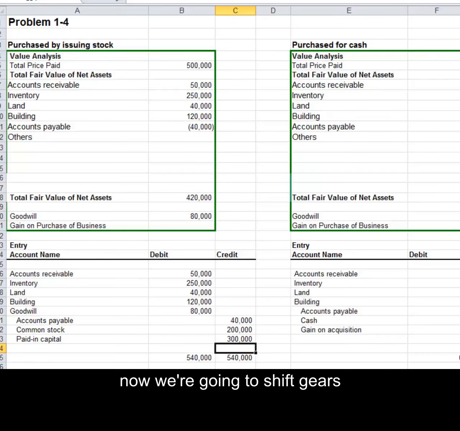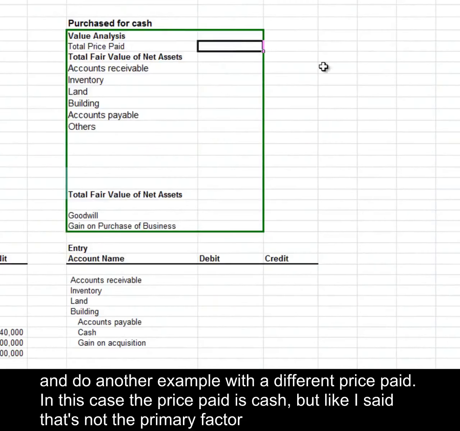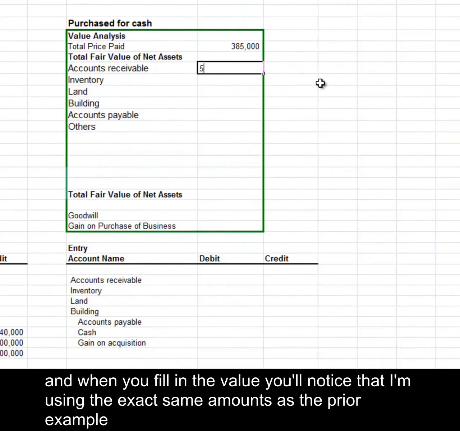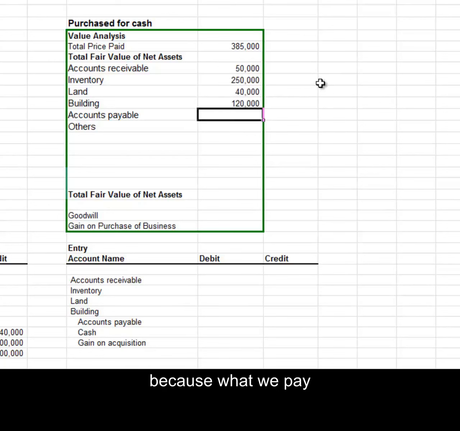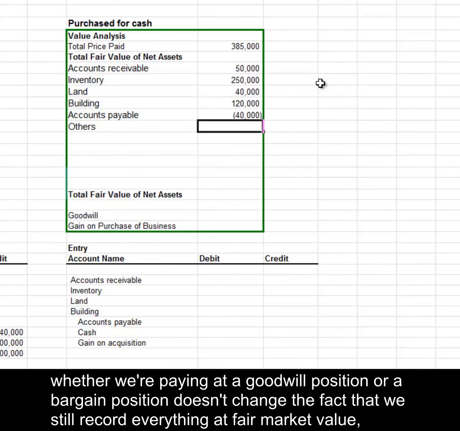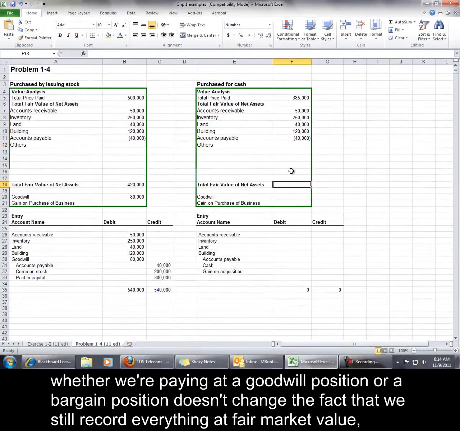Now we're going to shift gears and do another example with a different price paid. In this case, the price paid is cash, but like I said, that's not the primary factor. And when you fill in the value, you'll notice that I am using the exact same amounts as the prior example, because what we pay, whether we're paying at a goodwill position or a bargain position, doesn't change the fact that we still record everything at fair market value.